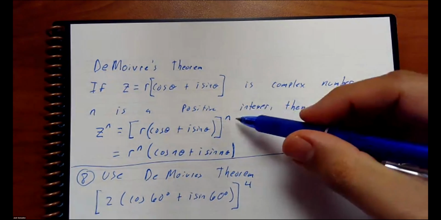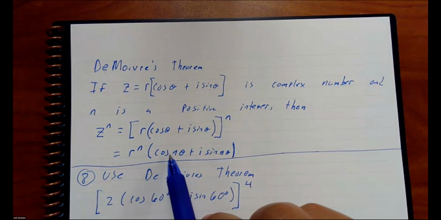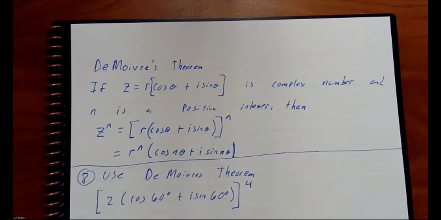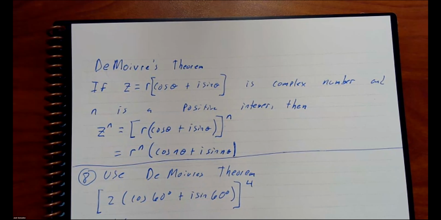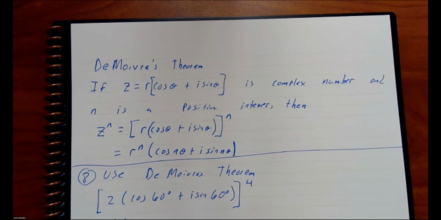So we said if the whole thing has an integer power, you can just put it on this guy and then 4 times, or n times, the theta, so 4 times the theta. So this will become 2 to the 4th times cosine of 4 times 60 plus i sine of 4 times 60.